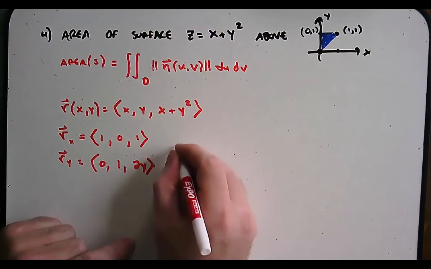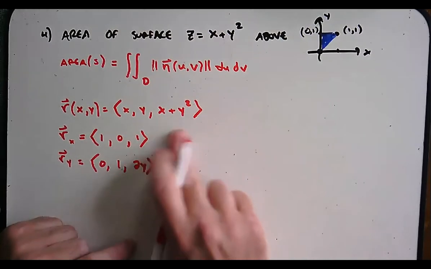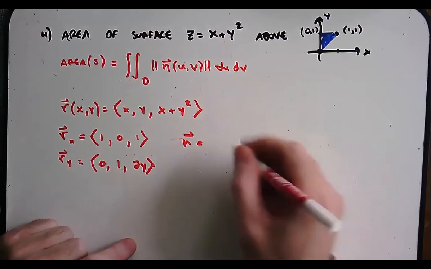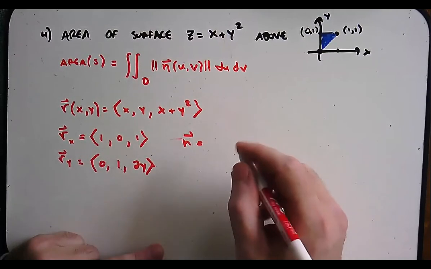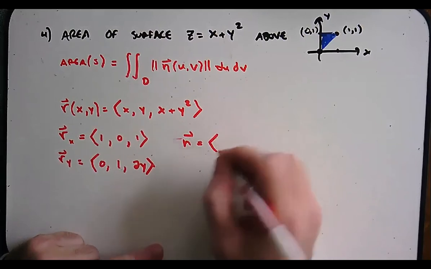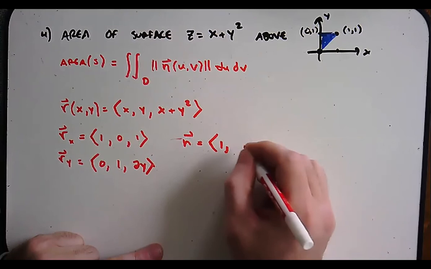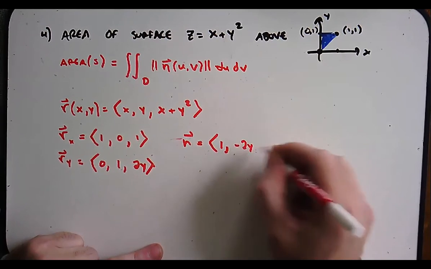So we've done a bunch of cross products already. I'm not going to show all the details here. But our normal vector then is going to equal, let's see what we have here. The cross product will give us, I think, 1, comma, negative 2y.